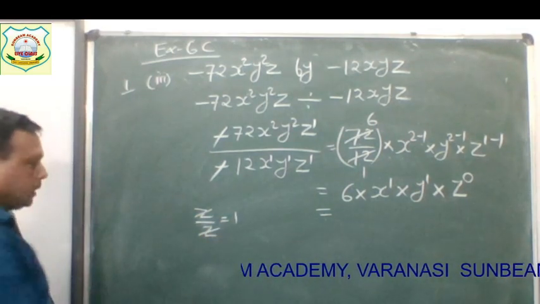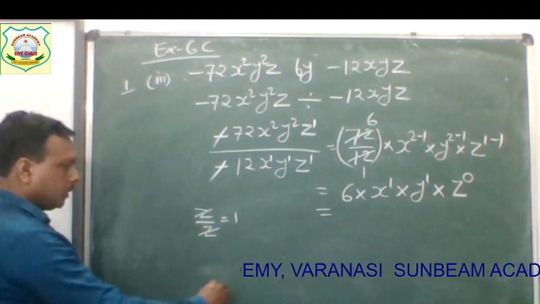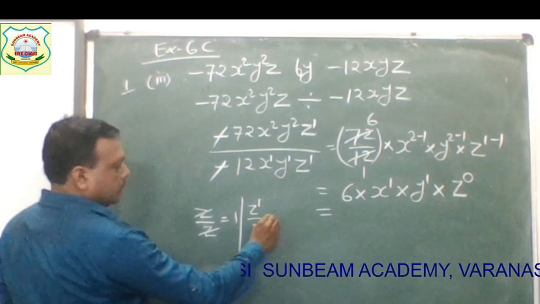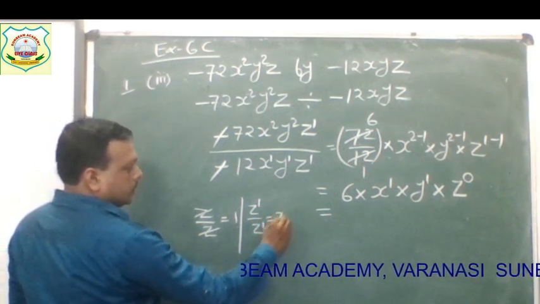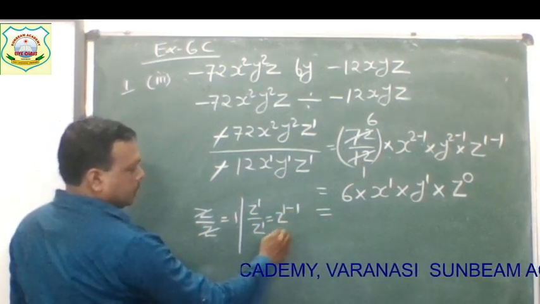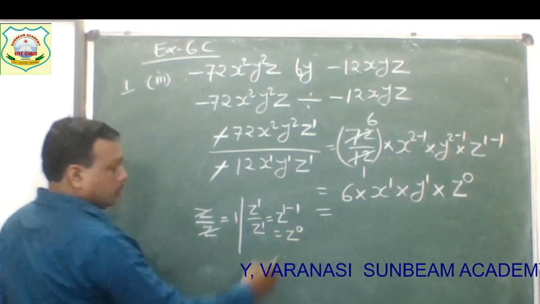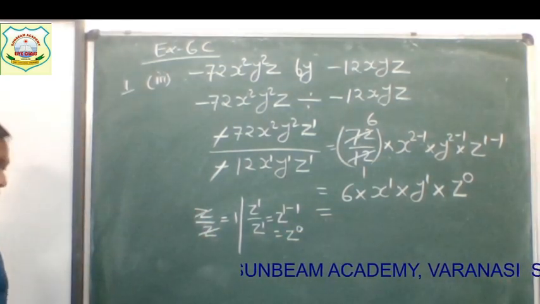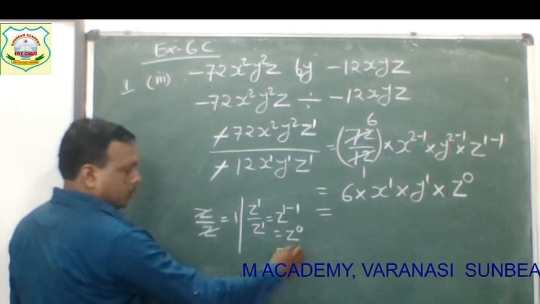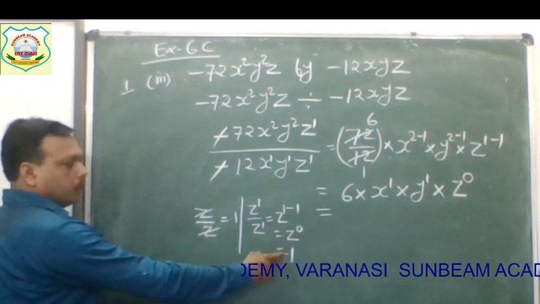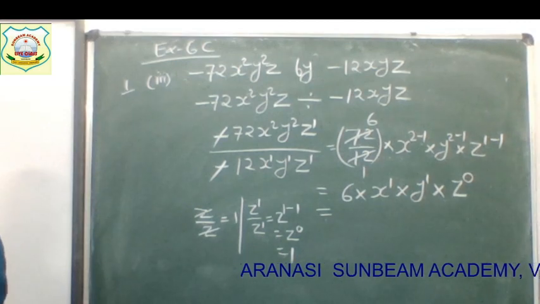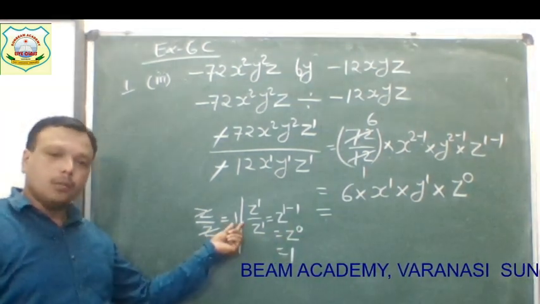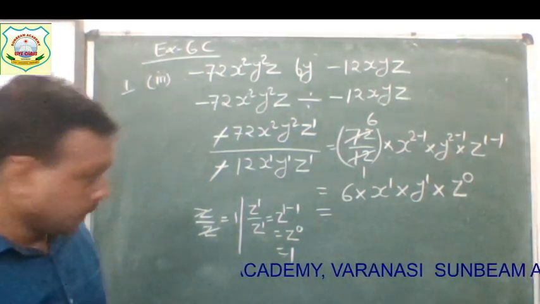Clearly, z upon z is 1, or z power 1 upon z power 1 is z power 1 minus 1, then z power 0. So why are we writing 1? Because with this we are just getting 1. By this proof, we can say if any number or variable has a power 0, then we can write 1. Clear students?